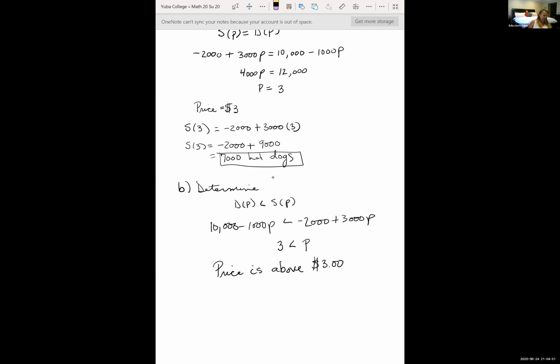So what do you think eventually happens to the hot dogs if the quantity demanded is less than the quantity supplied?